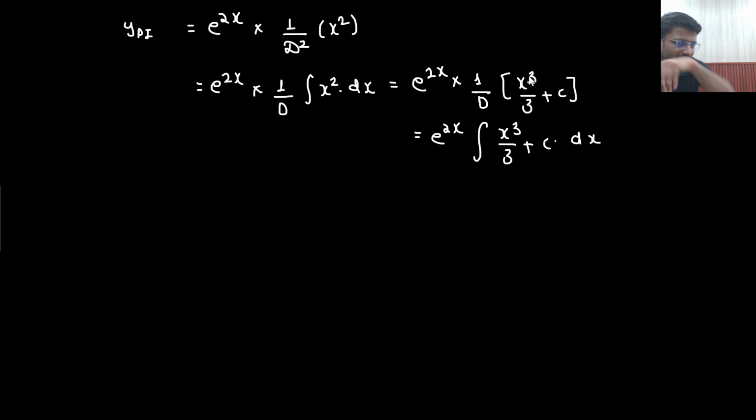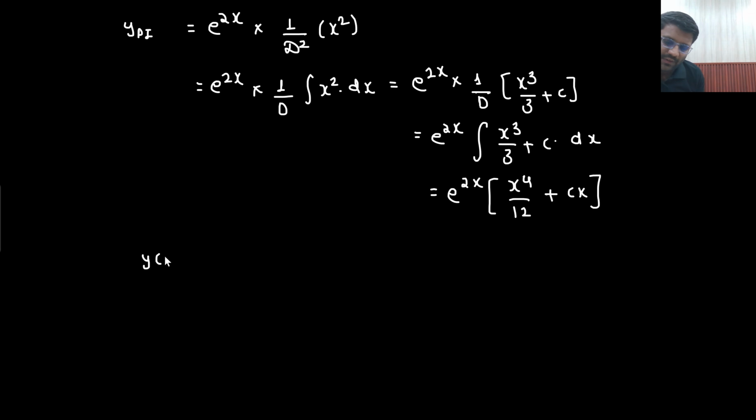First you integrated, you got the answer x square by 3 plus c. Now again you integrate, you are getting the answer as e to the power 2x, x to the power 4 by 12 plus cx. There you go. This is the answer. So what is your y?